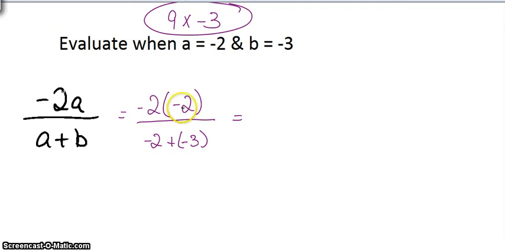Negative times a negative gives me a positive, so I have positive 4. Signs are the same, negative 2 plus negative 3, I'm going to add and keep the sign, over negative 5. So I could write it as 4 over negative 5, or I'd like for you to get in the habit of writing it as negative 4/5.